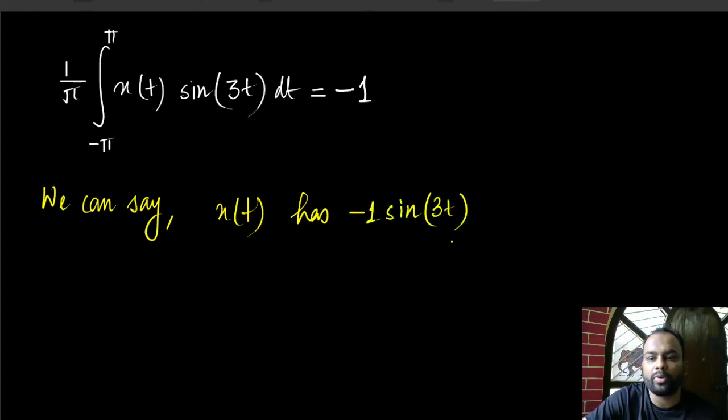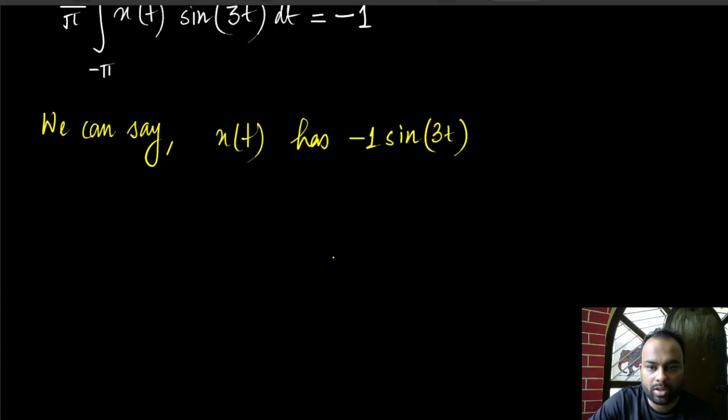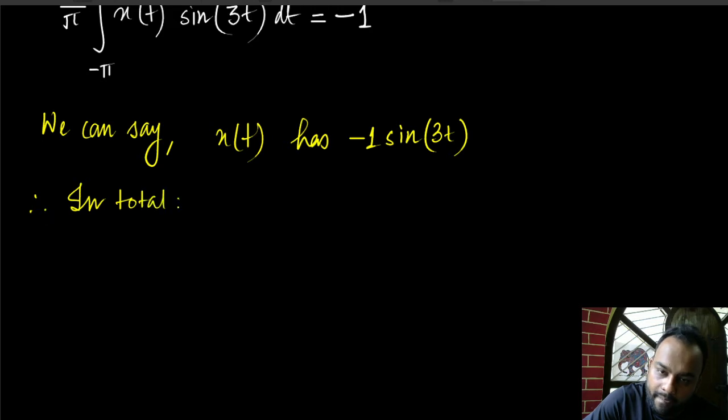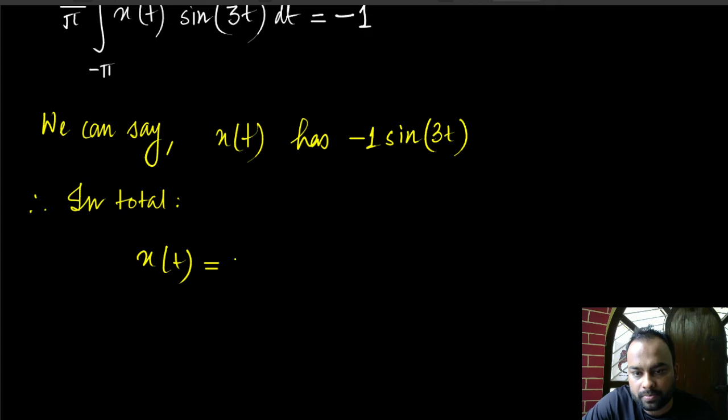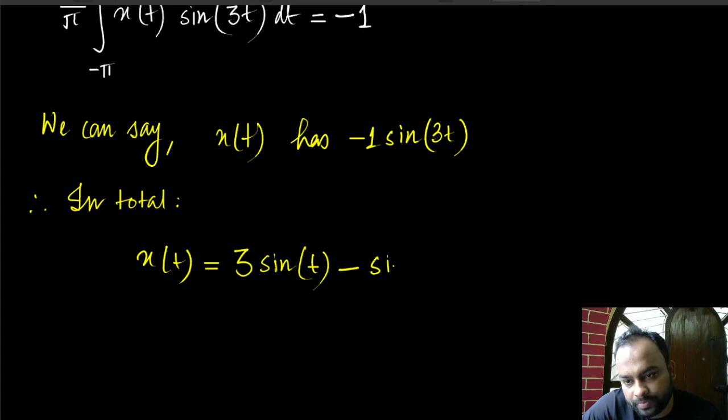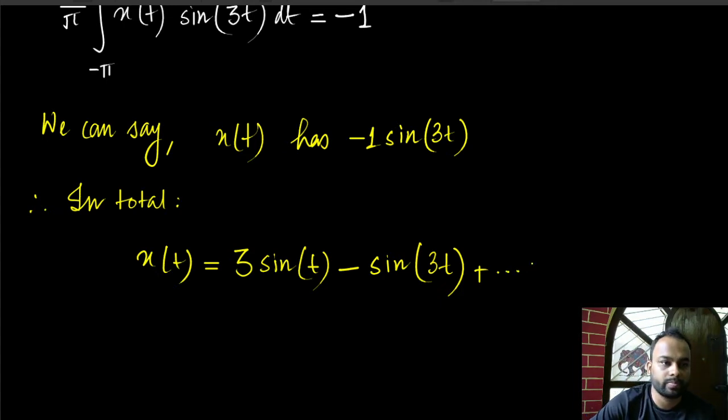So this is one of the components of xt, right? So therefore, in total, xt has a component of sine t, and which had an amplitude of 3, we did previously. It did not have any component of sine 2t, and it has a component of something else, right?